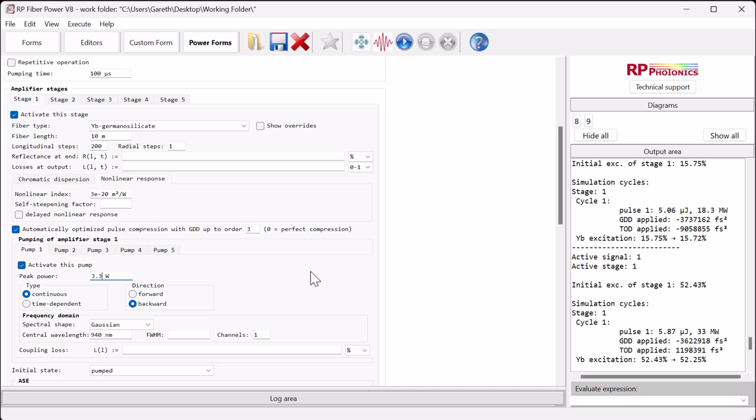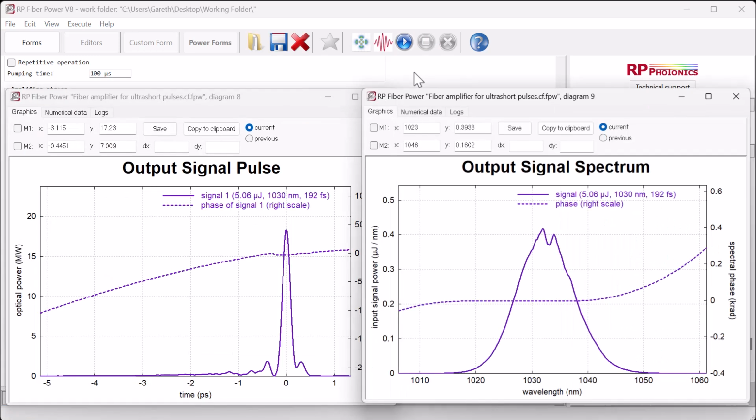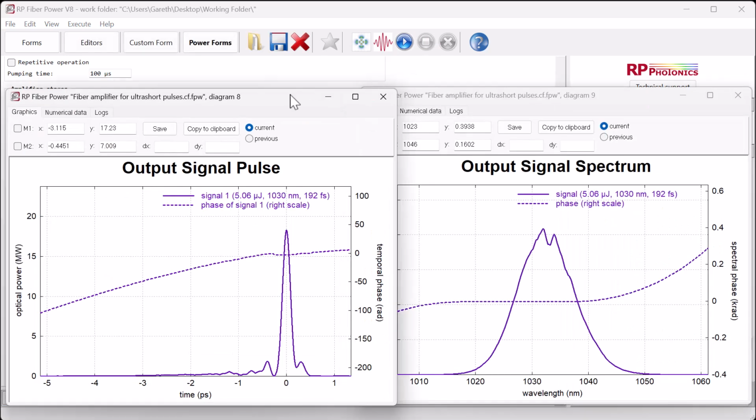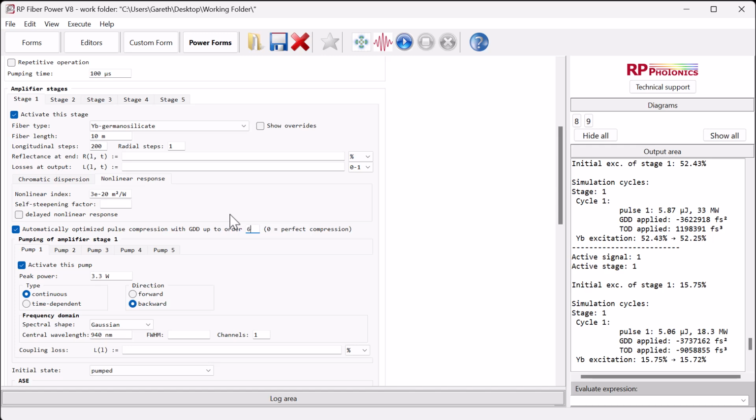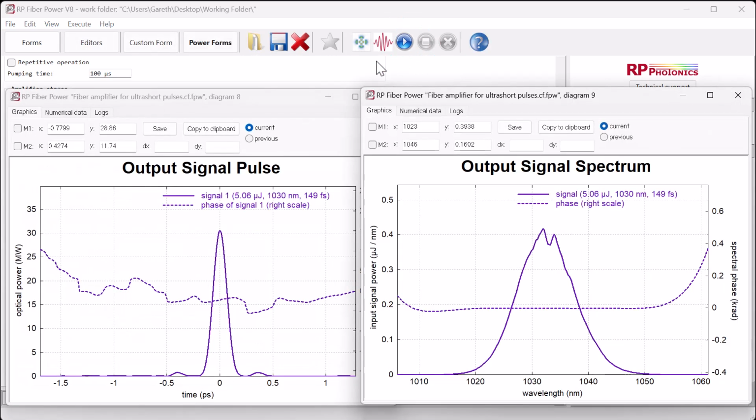These parameters give us enough pump absorption and gain. However, the nonlinear effects remain too strong for this fiber length. While we can amplify the pulse effectively, recompression becomes challenging, resulting in a pulse duration of nearly 200 femtoseconds. Optimizing dispersion up to the 6th order helps, but is quite difficult in practice.